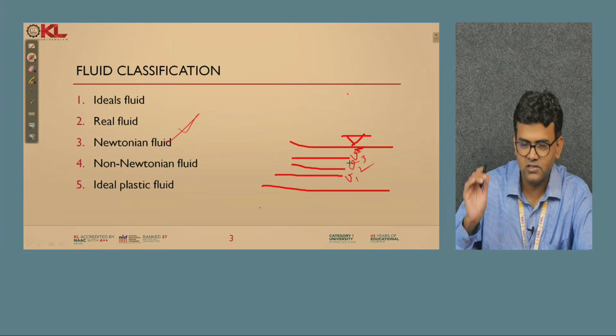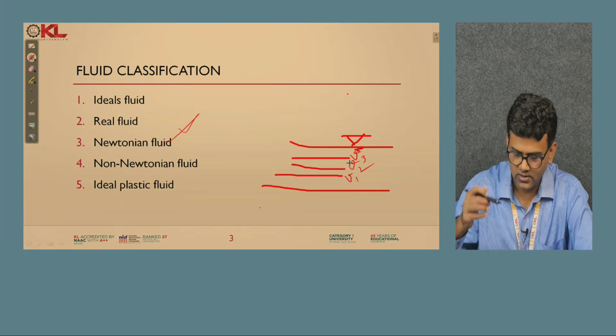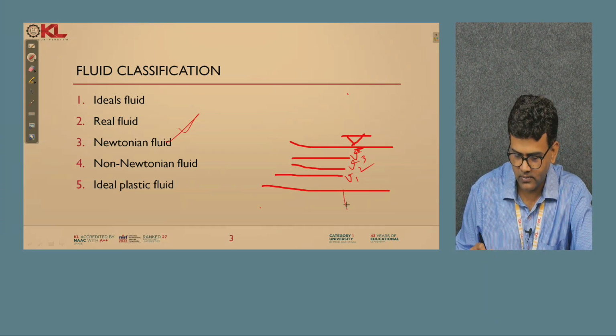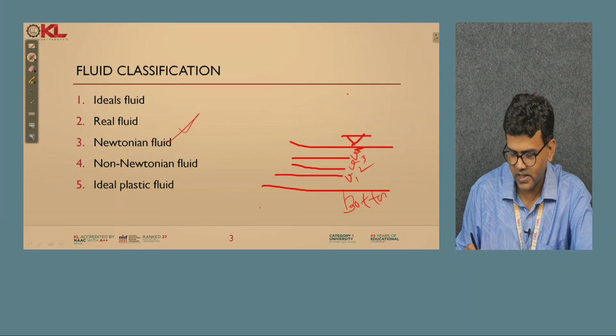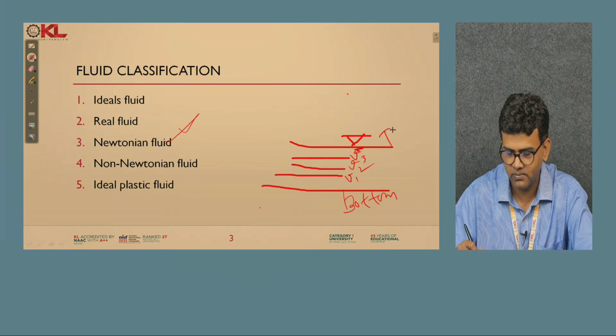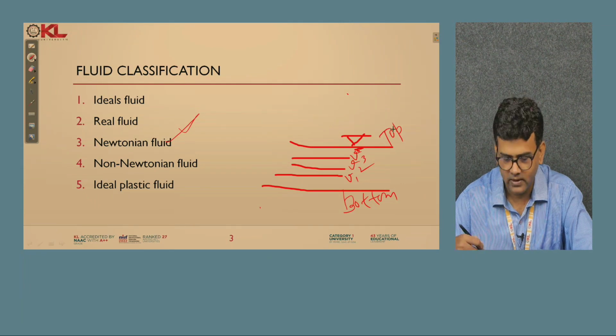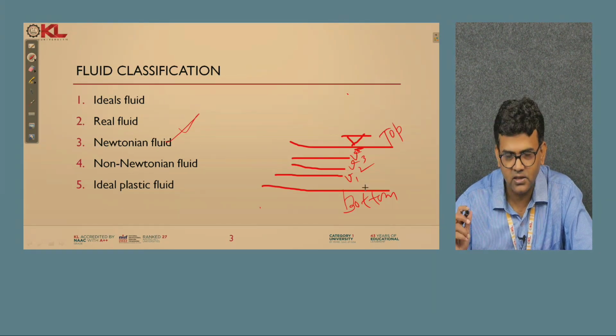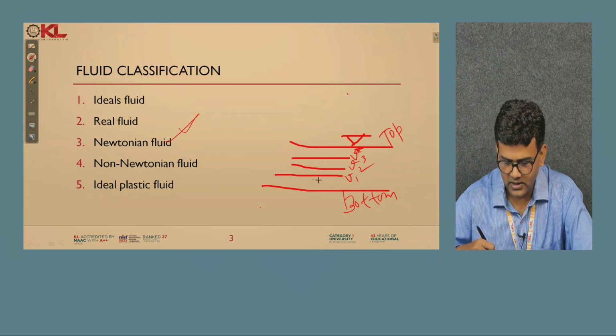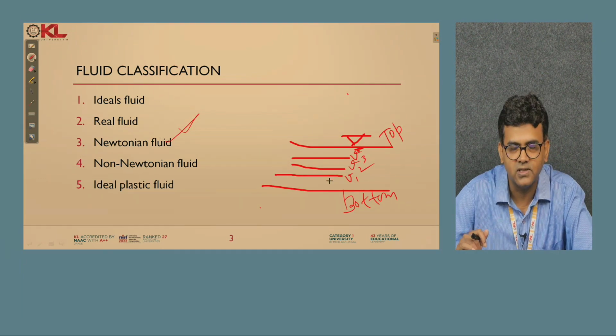So there is a change in the velocity as you move from the bottom to top in the direction of flow depth. Each fluid layer is having a different velocity.